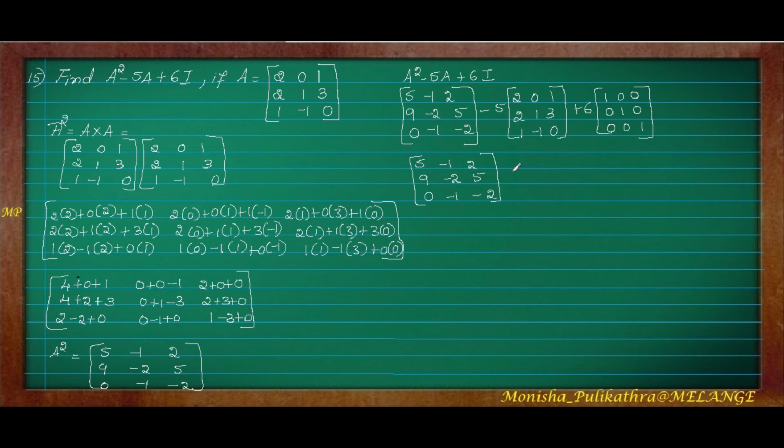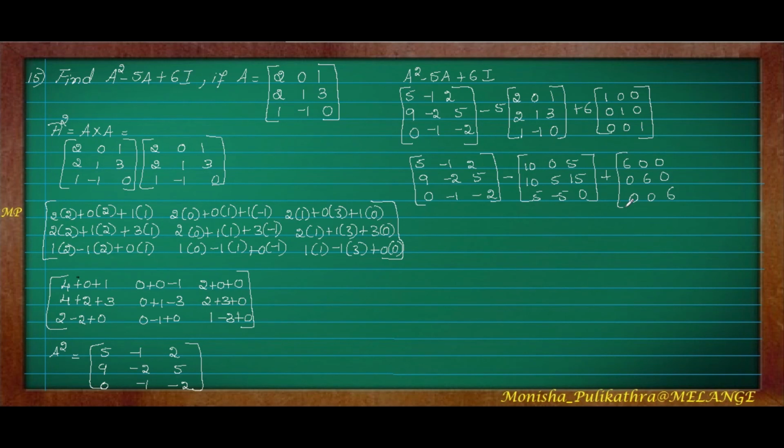We need to multiply this one, so I will be multiplying each element by 5. 5 2s are 10, 5 0s are 0, 5 1s are 5 and 5 2s are 10, 5 1s are 5, 5 3s are 15, 5 1s are 5, 5 into minus 1 is minus 5, 5 into 0 is 0. Next plus 6 0 0, 0 6 0 and 0 0 6.